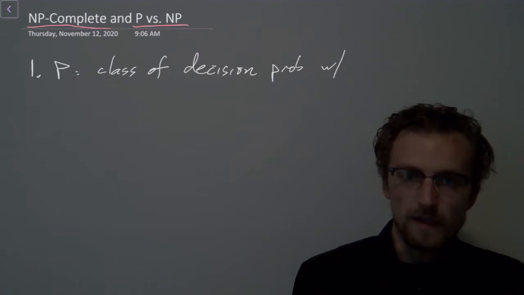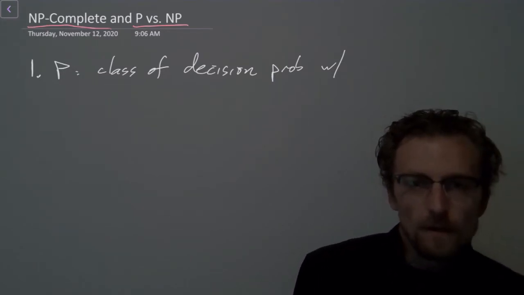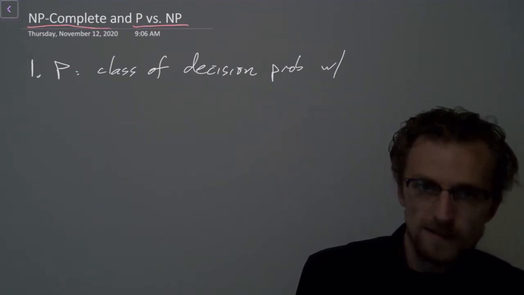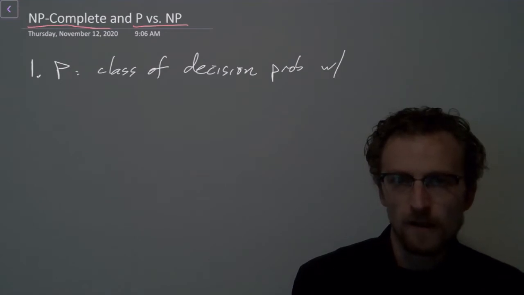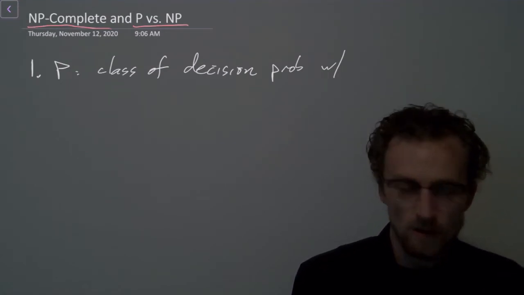So if I give you an instance of a problem in class P, then there is some polynomial function of the size of that problem that describes the running time, or the execution count, if you want, of an algorithm that solves the problem.